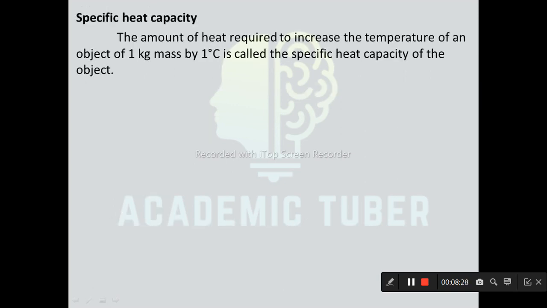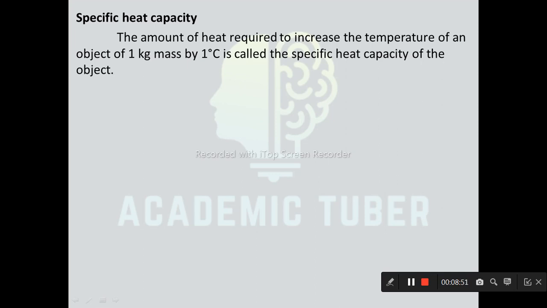Specific heat capacity. The amount of heat required to raise the temperature of an object of 1 kg mass by 1 degree Celsius is called the specific heat capacity of the object. Different substances have different capacities of absorbing heat. Some substances when heated change their temperature faster and some need more time to change the temperature.